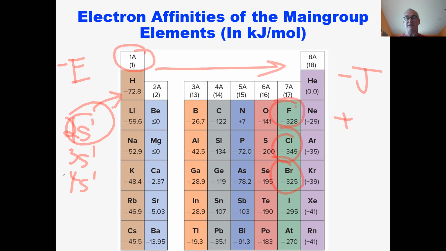Because if there's a positive energy associated with it, that means that's energy we have to add to get that reaction to happen. For instance, neon and argon and krypton, they're all positive. We have to add a lot of energy to get them to accept that electron. They don't want it. But fluorine, chlorine, and bromine become more stable when you add an electron.